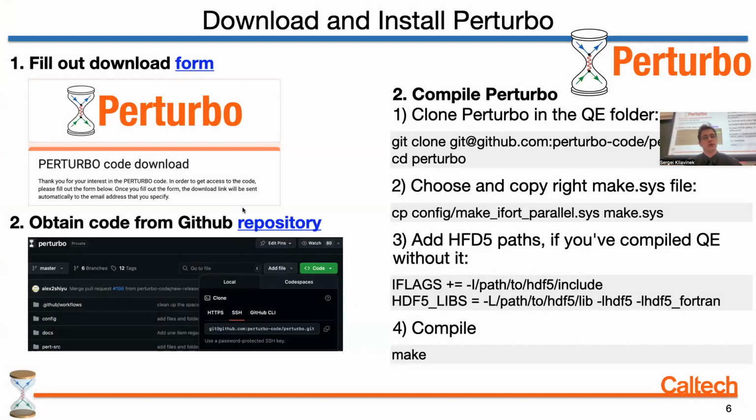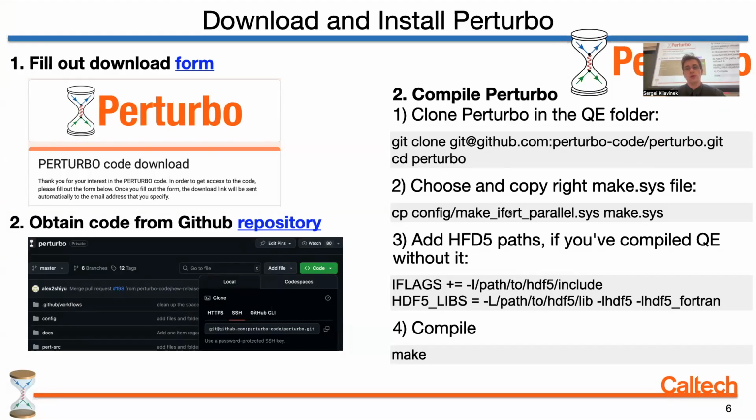When you download the code from the GitHub repo, you just tap code and copy it with the SSH option, clone it, go to the folder, and choose the right machine config file.